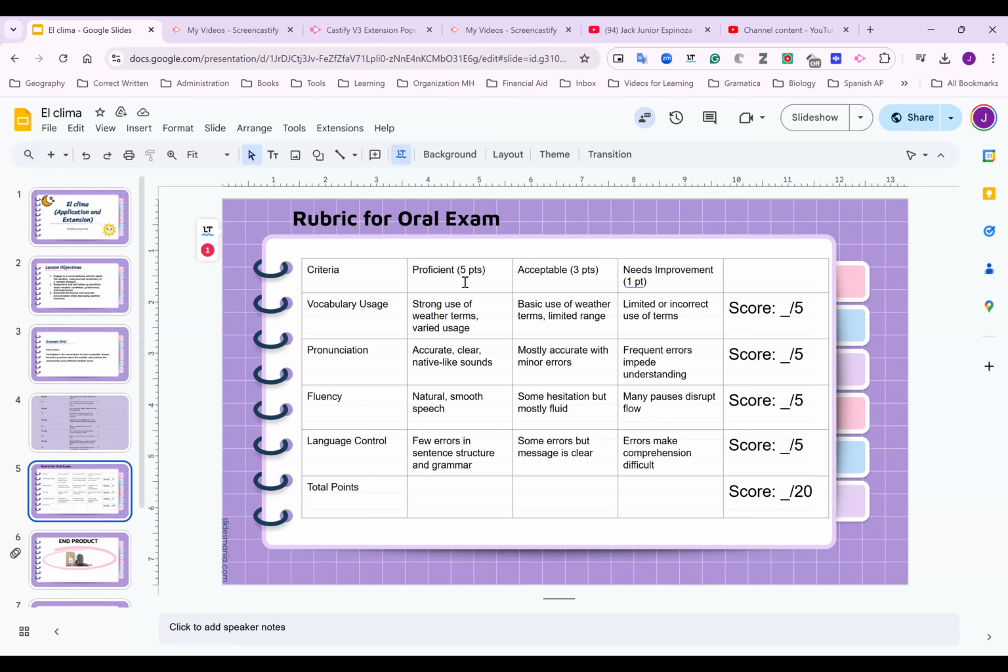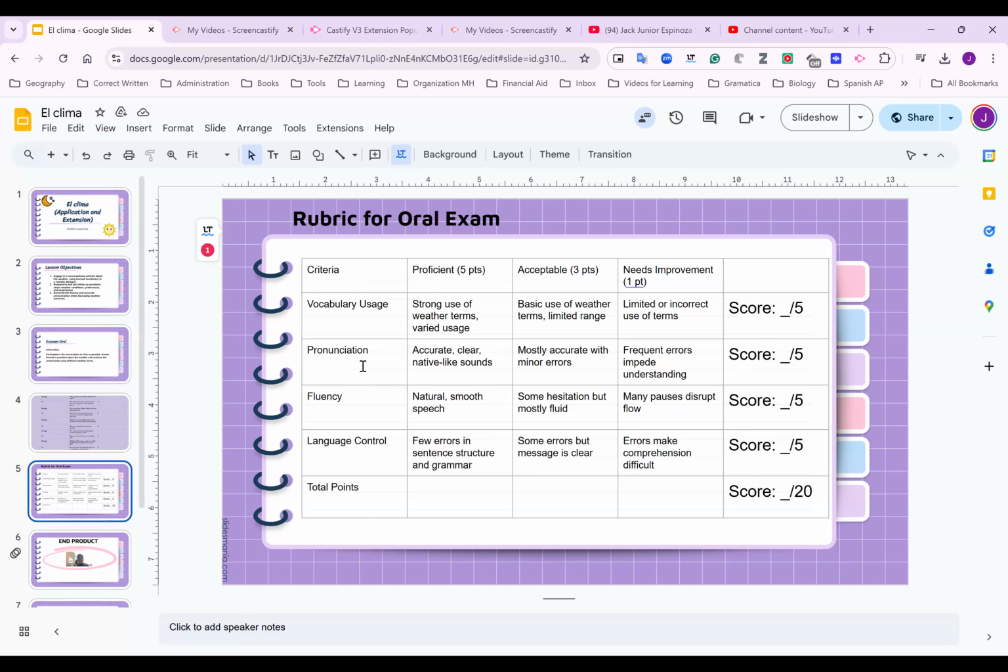A score of 3 means that you use some of the weather terms, but maybe repeated a few or didn't use as many. A score of 1 means that you didn't use enough of the weather vocabulary or used terms incorrectly.